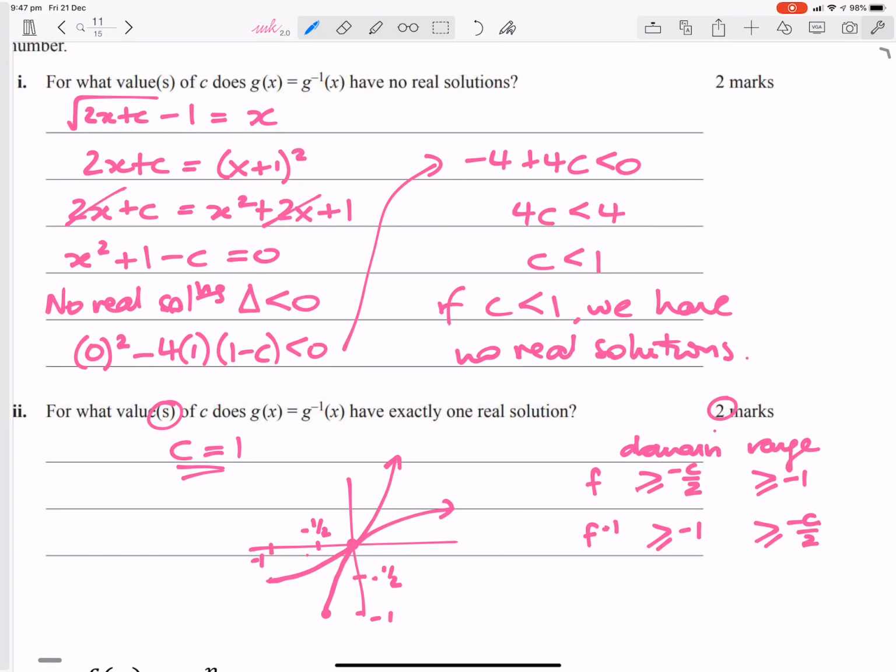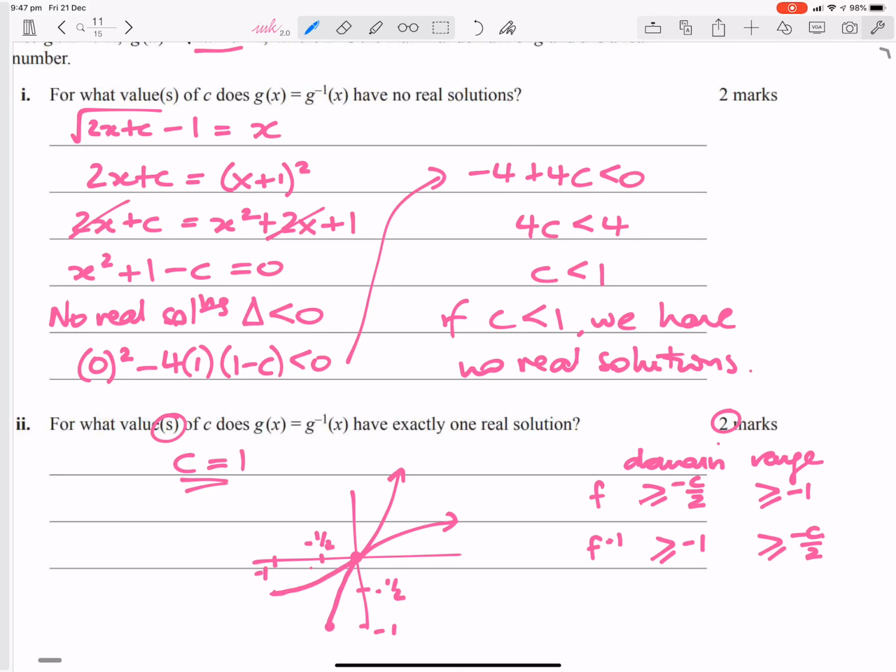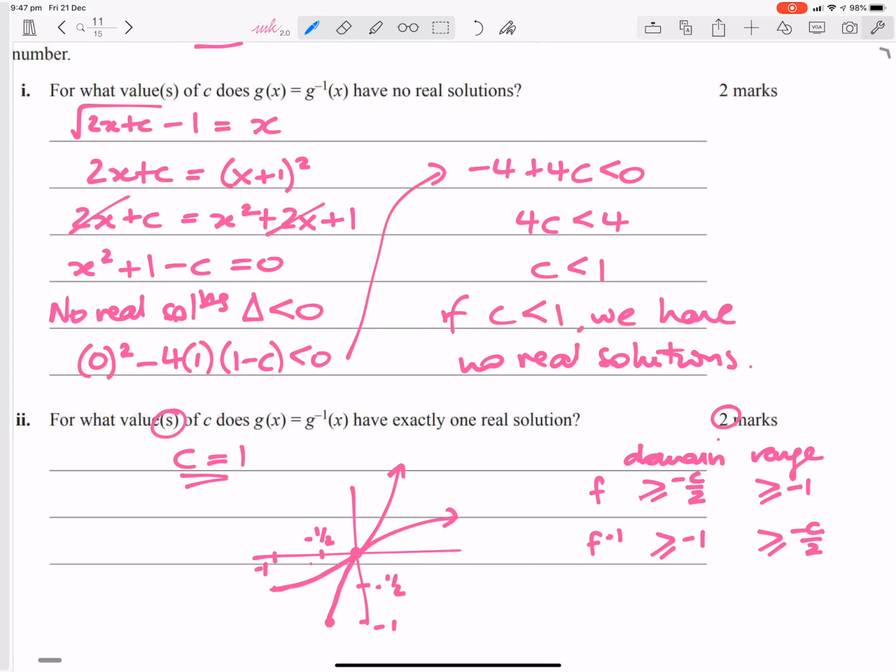Okay, so now let's think about it. What does c do? C's going to move the graph left and right, and it's going to move this graph up and down.